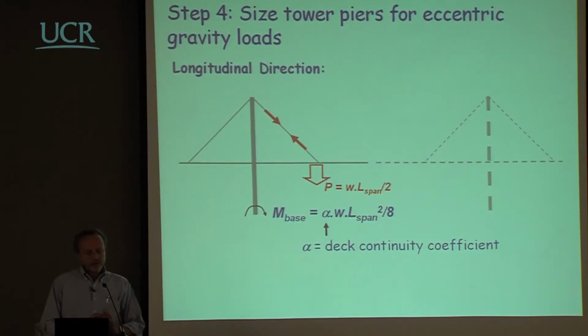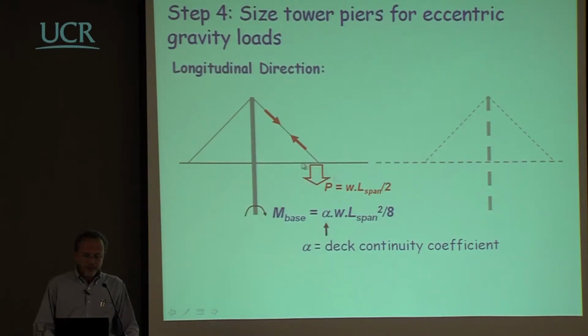And we are now still with gravity, but we're getting closer to the real problem of designing this bridge for earthquake. I'm saying that we're getting closer because we're starting to consider the fact that you could have some eccentric gravity load due to live load, essentially. And because of that, you are certainly going to have some bending moment and shear at the column base, at the pier base.